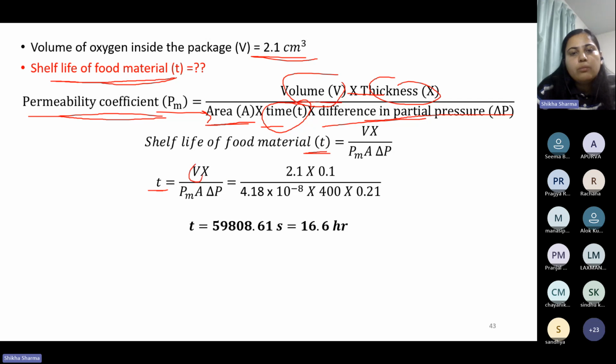V, the volume of the oxygen inside the packaging material, is given as 2.1 centimeter cube.